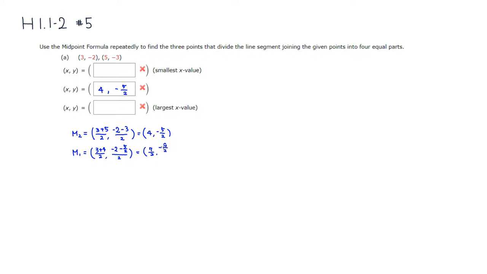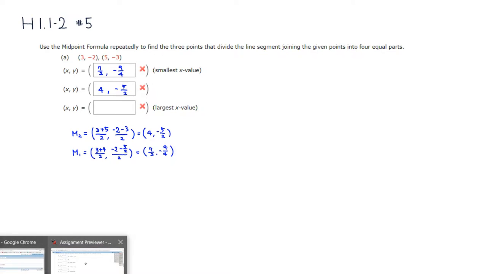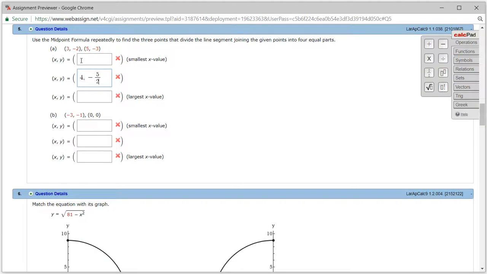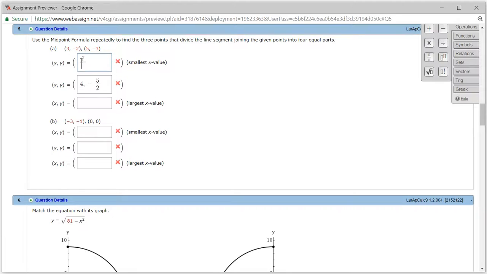Actually, I can write that as negative 9 over 4, because we divide by 2. So we have 7 over 2, comma, negative 9 over 4. Let's type it in.